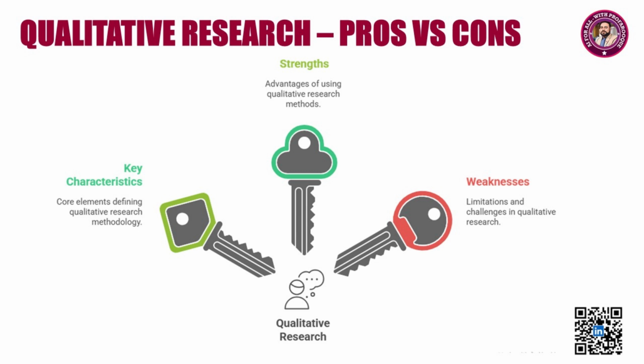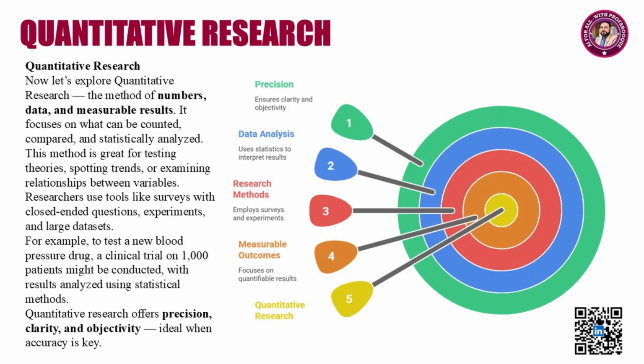can't show. Quantitative research. Now let's look at quantitative research, the method of facts, figures, and measurable outcomes. It deals with things you can count, compare, and calculate. This approach is ideal when you want to test a theory, measure a trend. Researchers often use surveys with closed-ended questions, experiments, or data from large populations.